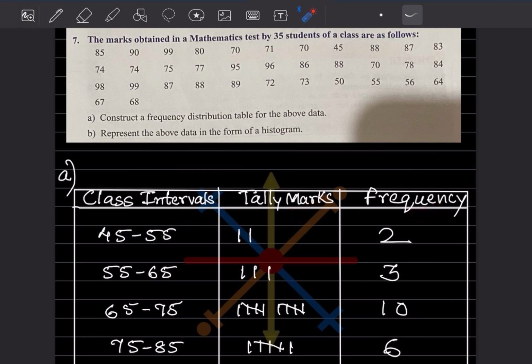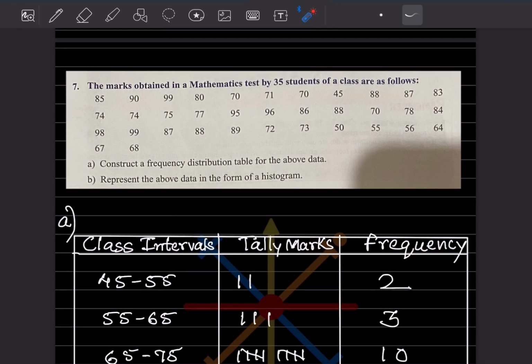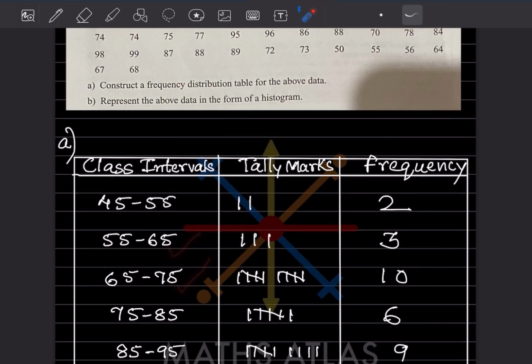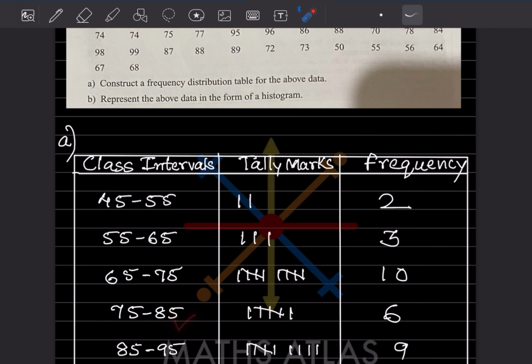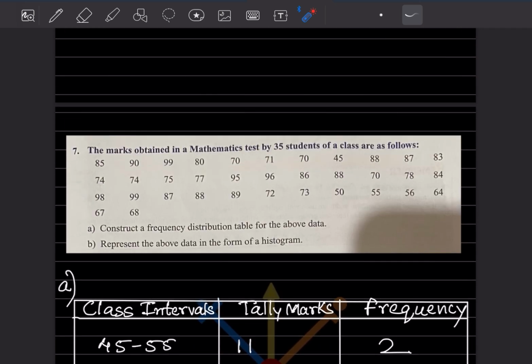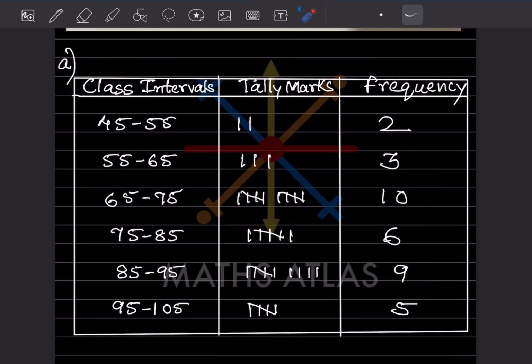The smallest number here is 45. So we can take a difference of 10: 45 to 55, then 55 to 65, 65 to 75, 75 to 85, 85 to 95, 95 to 105, because the last number here is 99. So it's better to take this as well.